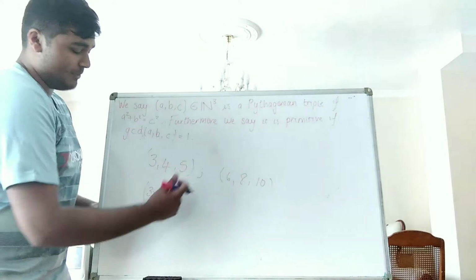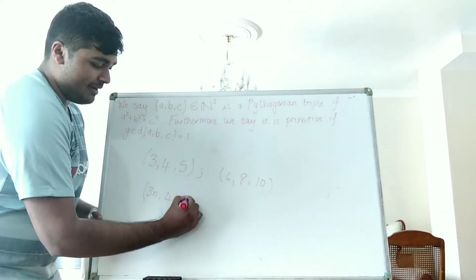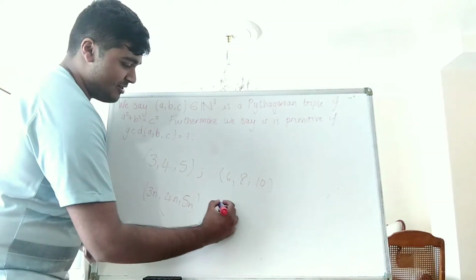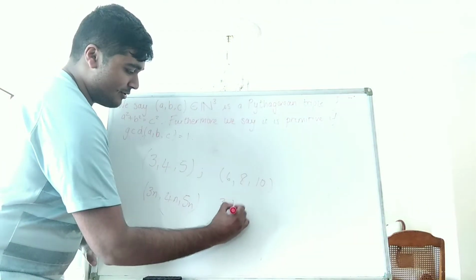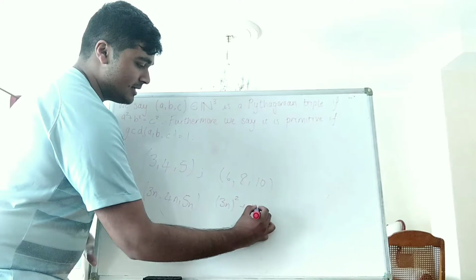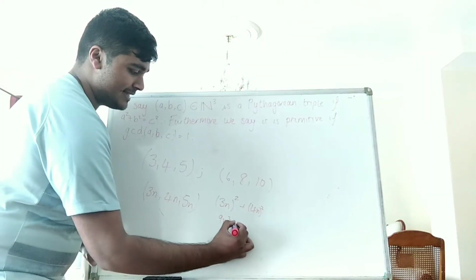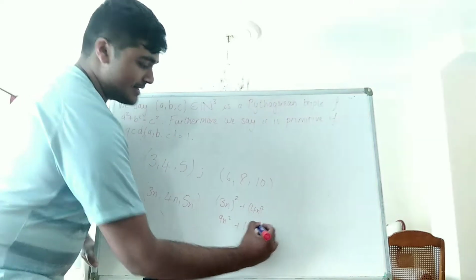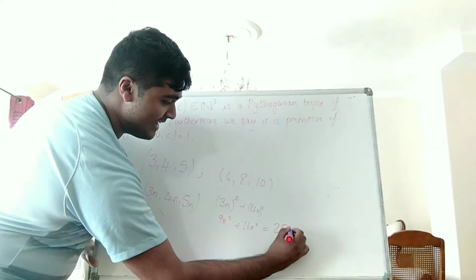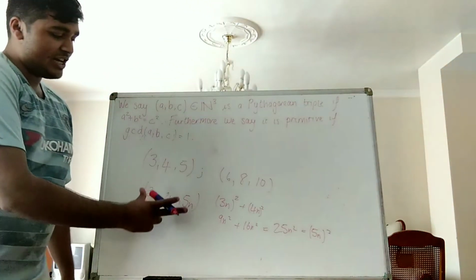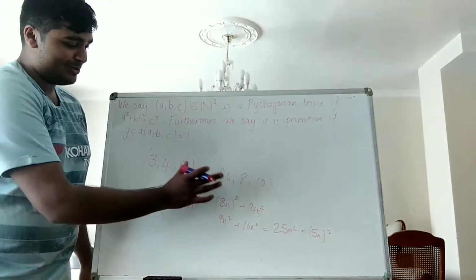Here I multiply by 2, but I can multiply by n, where n is any positive whole number, and I get another Pythagorean triple. And just to check that, 3n squared plus 4n squared, that's 9n squared plus 16n squared, that's going to give me 25n squared, that's just 5n squared. So I can generate infinitely many Pythagorean triples this way.